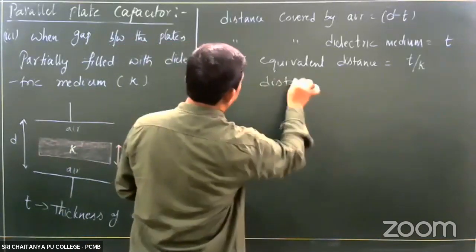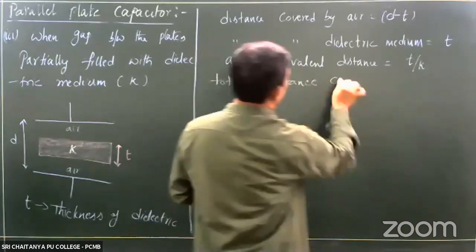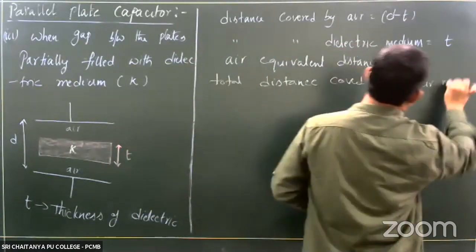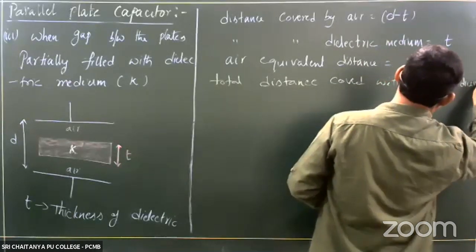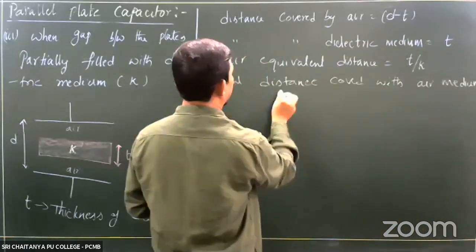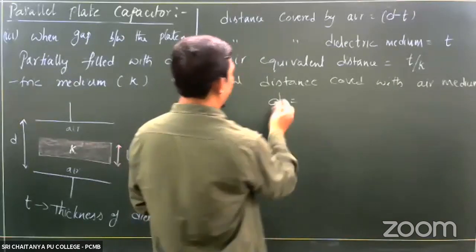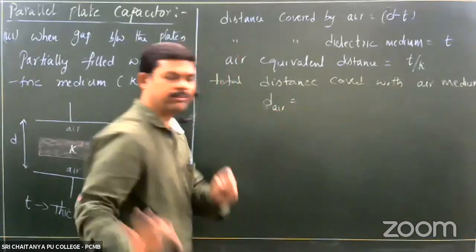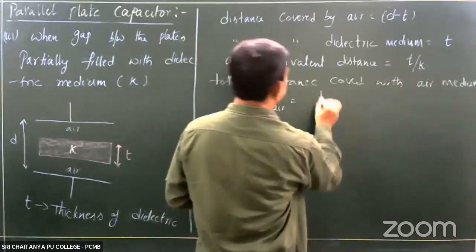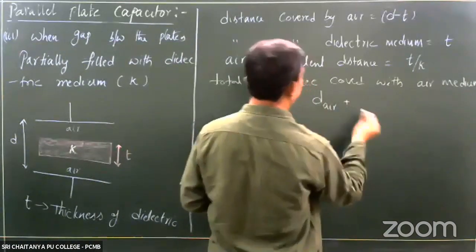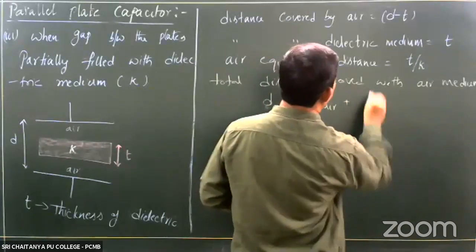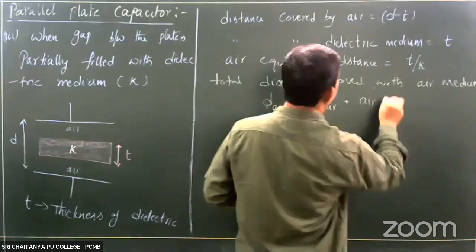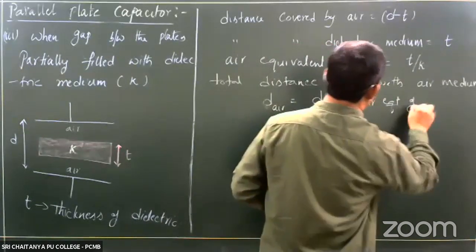Total distance covered with air medium, I call this D of air medium. Distance covered by air plus D dash, that is the air equivalent of the medium.